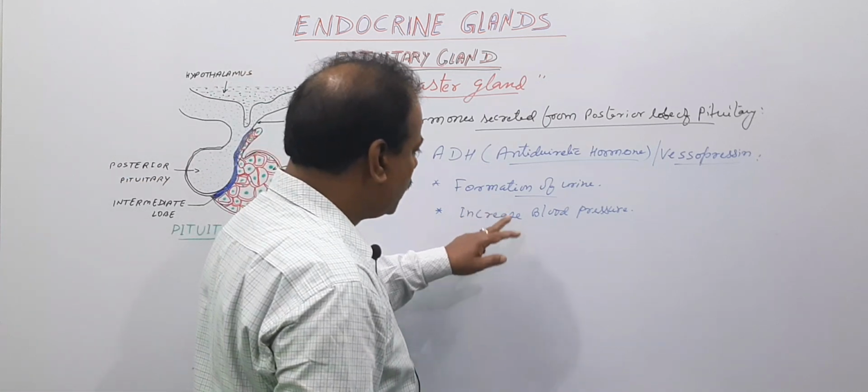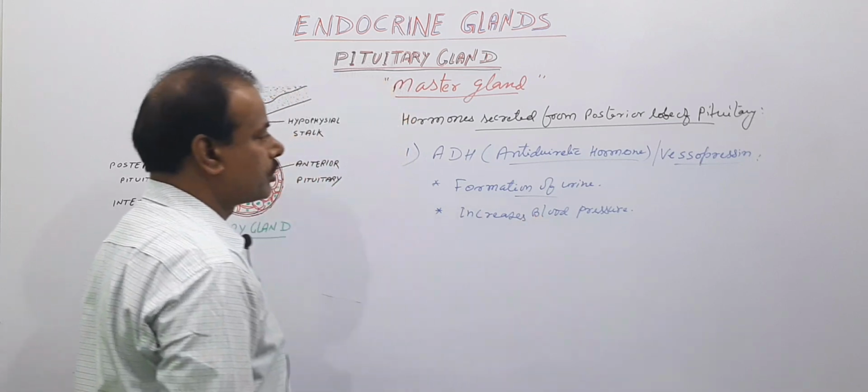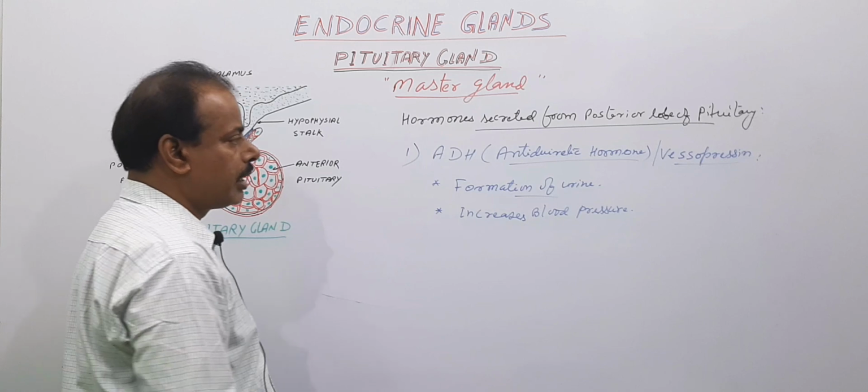So regulation of urine formation and increasing blood pressure are the two important functions of ADH.